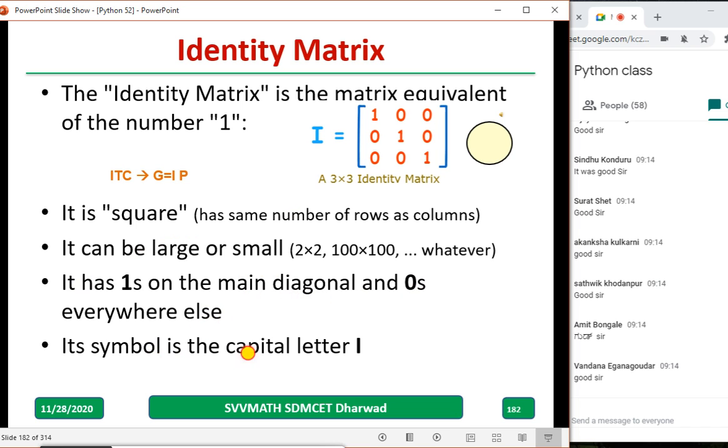Its symbol is a capital letter I. How to get an identity matrix in Python? For example, if I ask you to write a program to find all the code words, say G, you have to generate given the P. Like that, if any question comes and you need an I, simply one instruction is enough to generate an I.